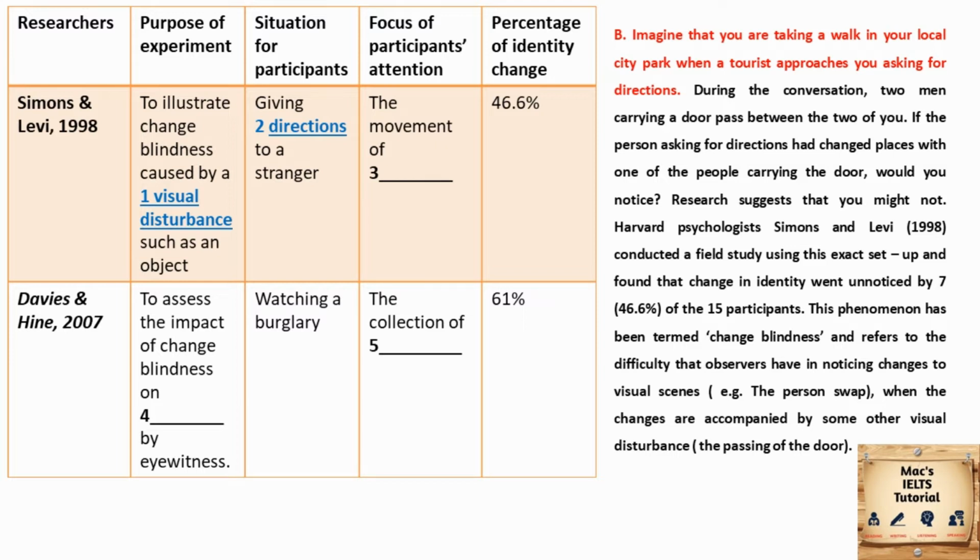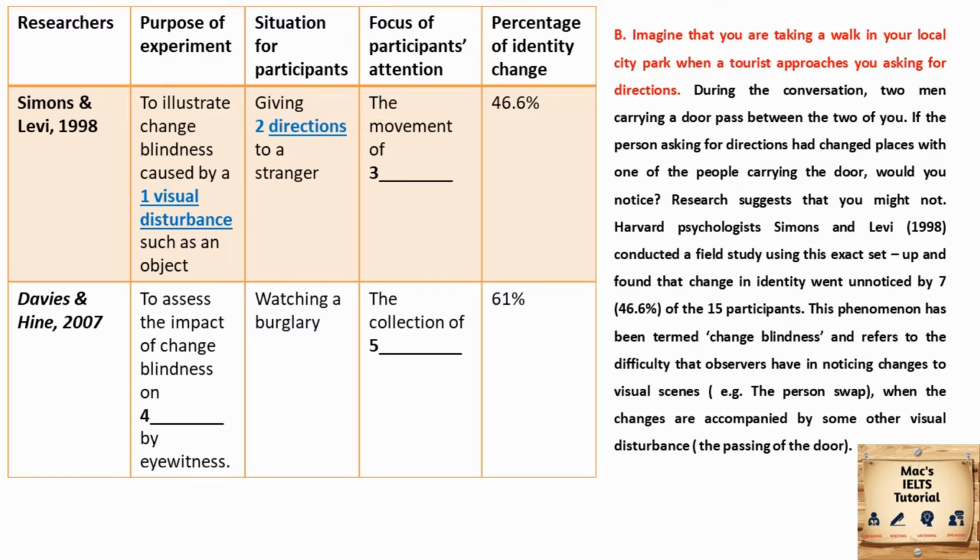The feature which we will have to search for in the third question is the focus of participants' attention. In passage B, the focus of the person was on the movement of the door. This is not a direct answer, it is a paraphrased answer.